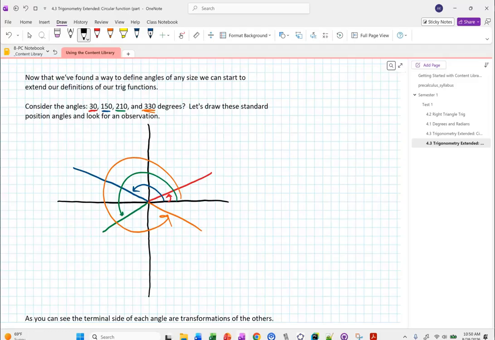So if we inspect this visually, what do you notice here? Yeah, Josiah. The 150 and the 330 are on the same line, they're kind of the same, right?